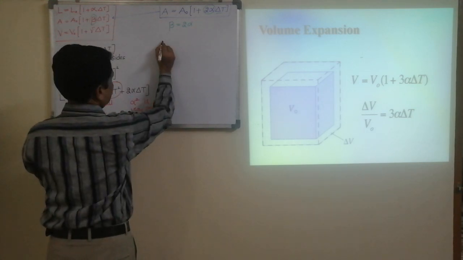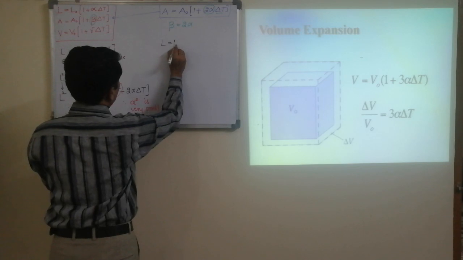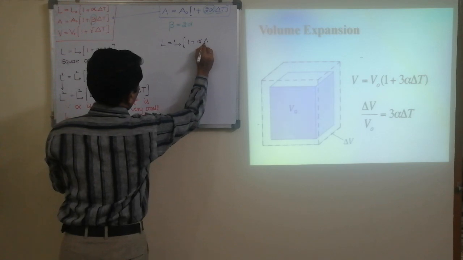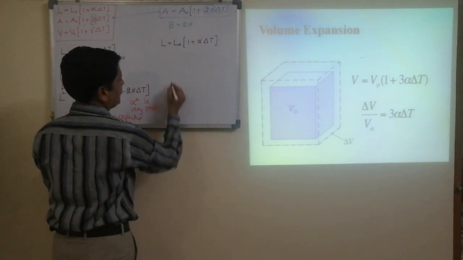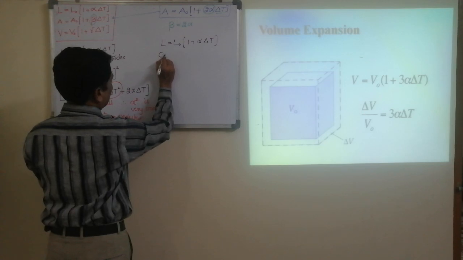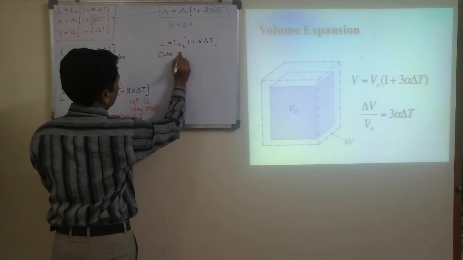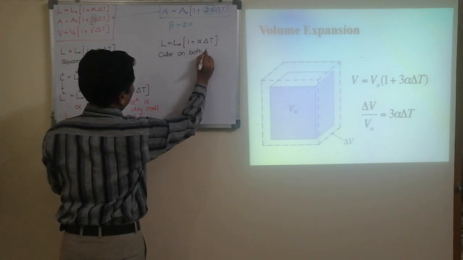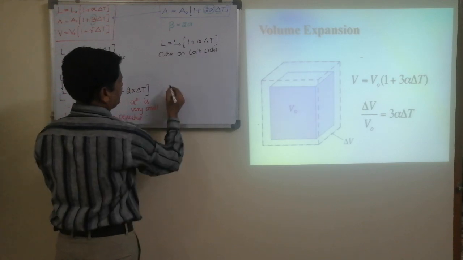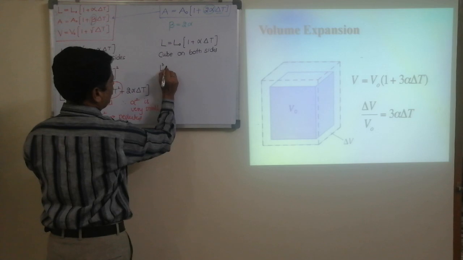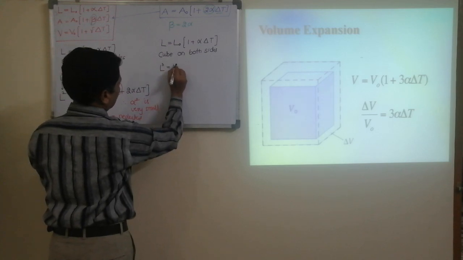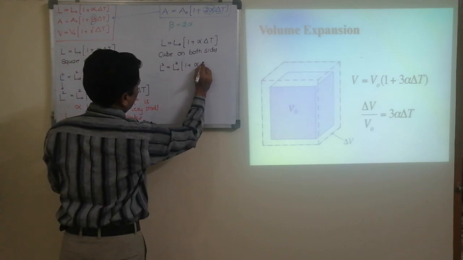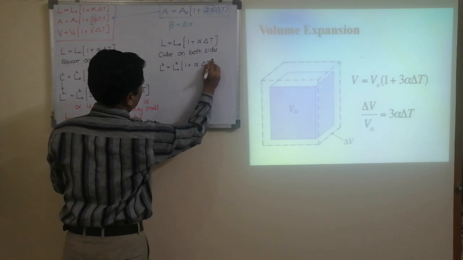For volume expansion, we know L is equal to L naught in bracket 1 plus alpha into delta T. Now instead of square, cube on both sides. It becomes L cube is equal to L naught cube in bracket 1 plus alpha into delta T cube.